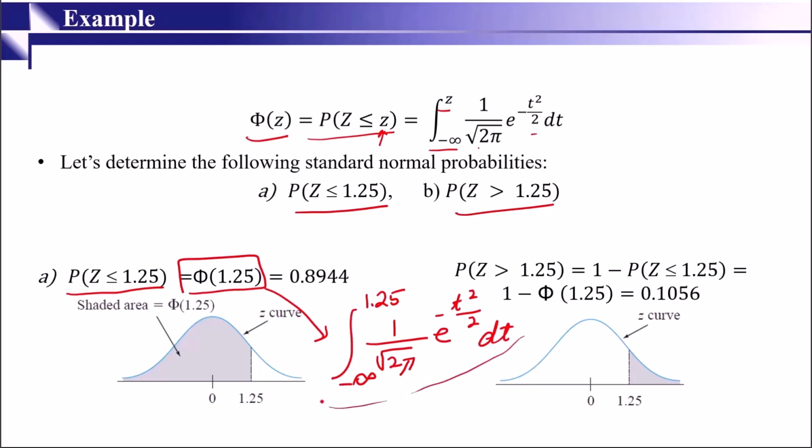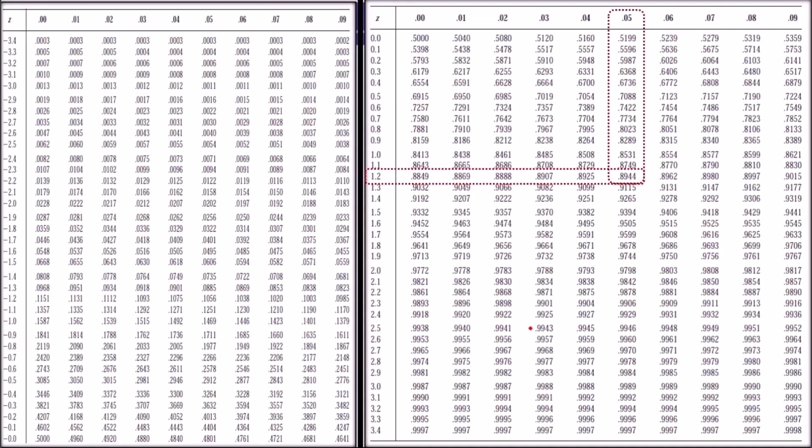Calculation of this integral is not easy. That's why, for simplicity, there is one table that is called the z table or standard normal distribution table. This standard normal distribution table helps us to find the result of that integral. You don't need to calculate this integral again and again.